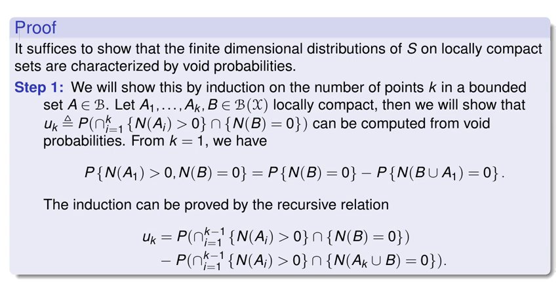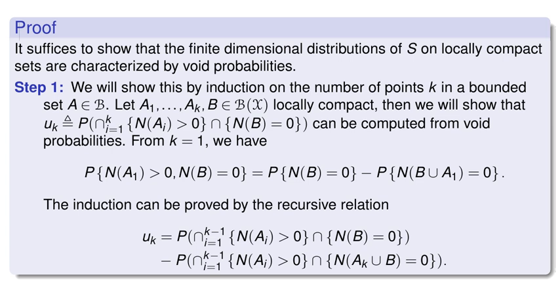For the base case k equals 1, we have the probability that N(A1) is greater than 0 and N(B) equals 0. This can be written as the probability that N(B) equals 0 minus the probability that N(B ∪ A1) equals 0. Both terms here are void probabilities.